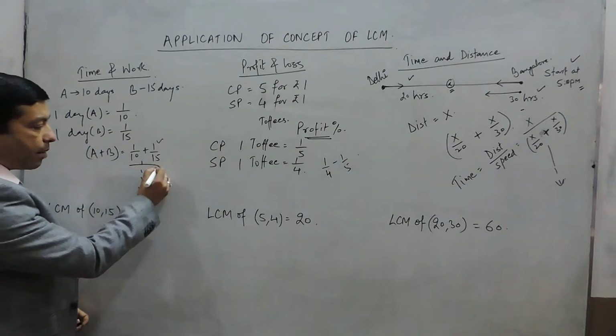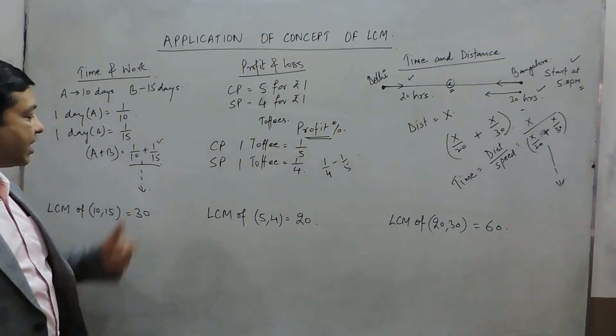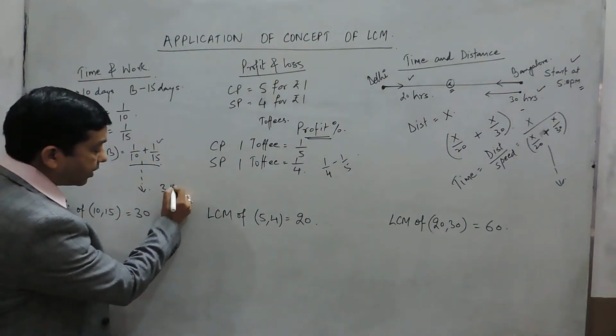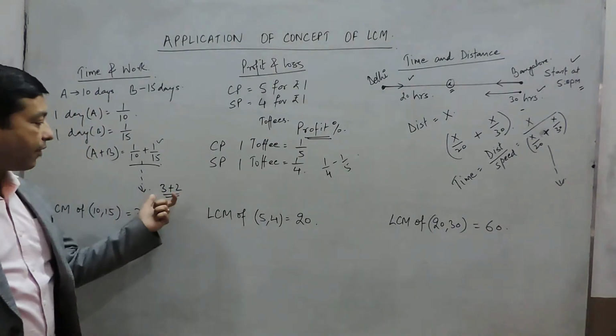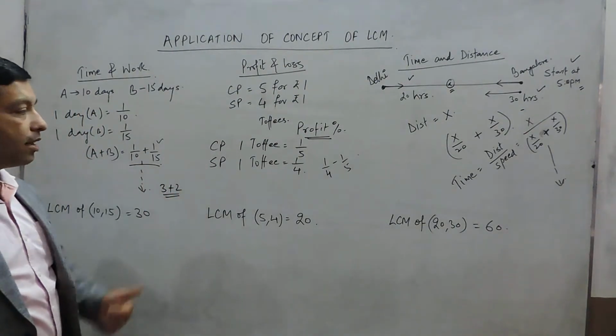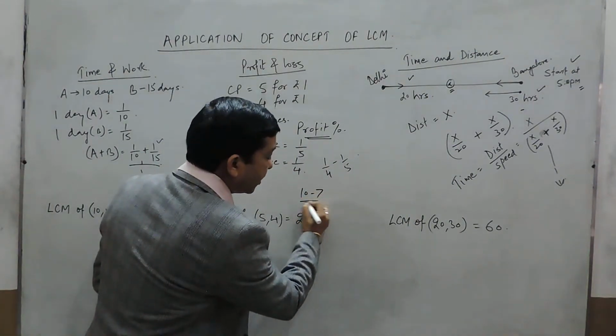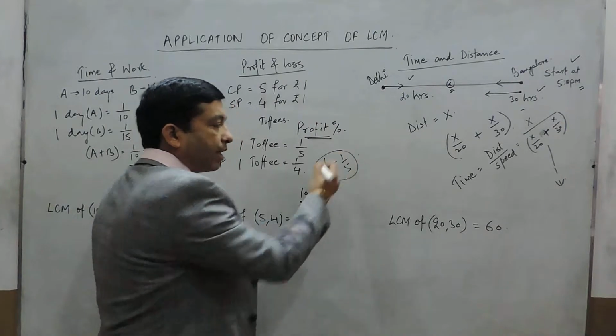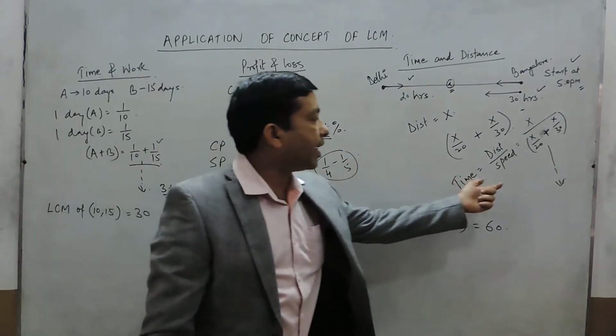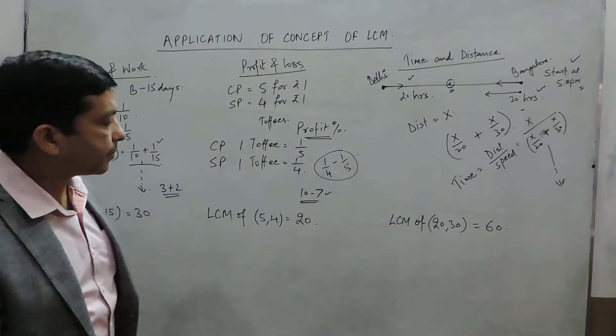If I say 1 upon 10 plus 1 upon 15, adding them is difficult. But if I say add 3 with 2, definitely it is much easier than the fraction. If I say subtract 7 from 10, it is definitely easier than subtracting this kind of fraction. Same is the case with the question of time and distance.